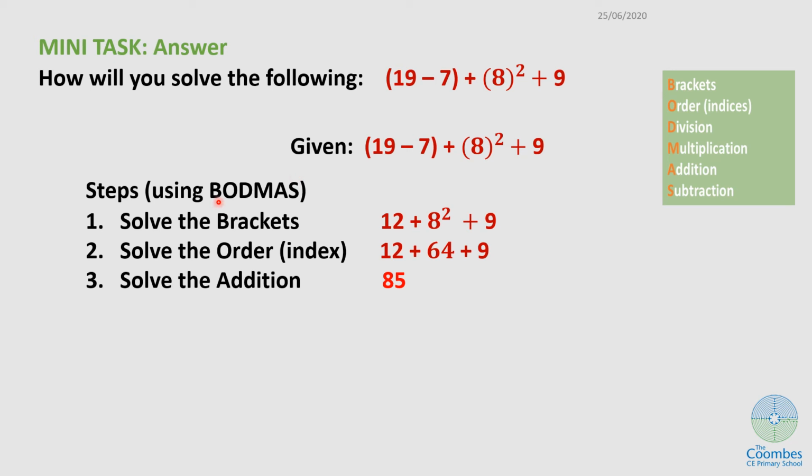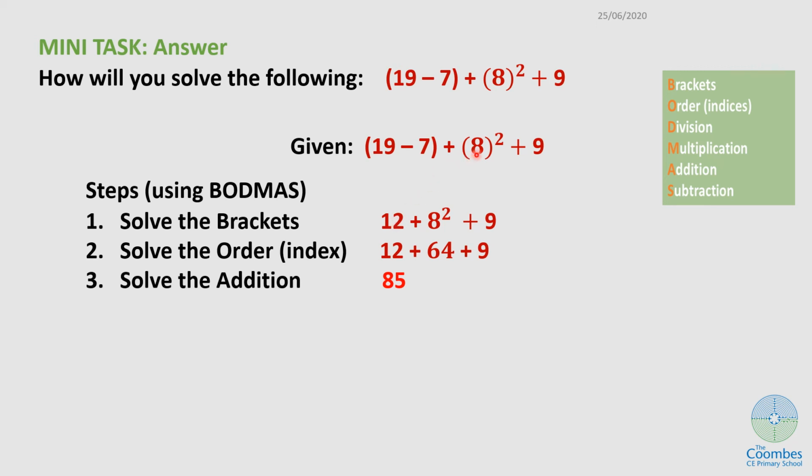Now using BODMAS, I know B is for brackets. If I look at the question, are there any brackets? Yes. Inside this bracket, I've got 19 minus 7. So I have to solve that first. Okay, 19 minus 7 is 12.